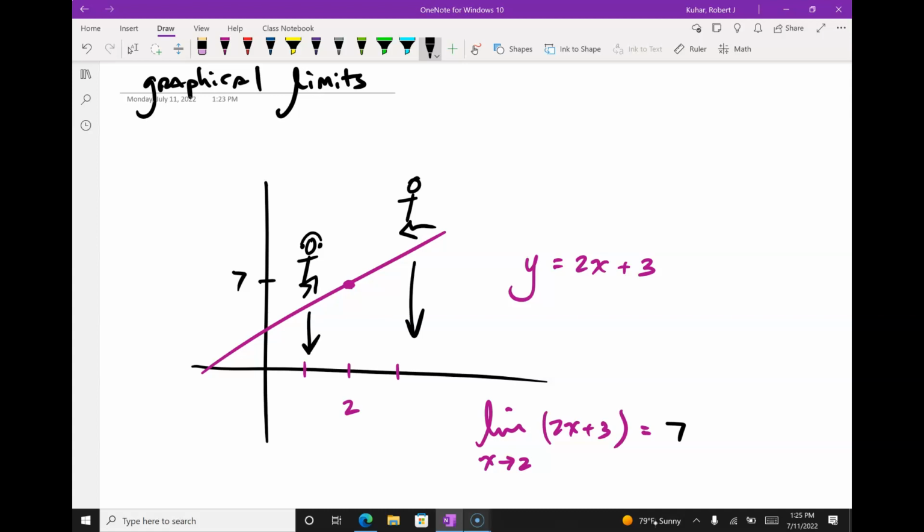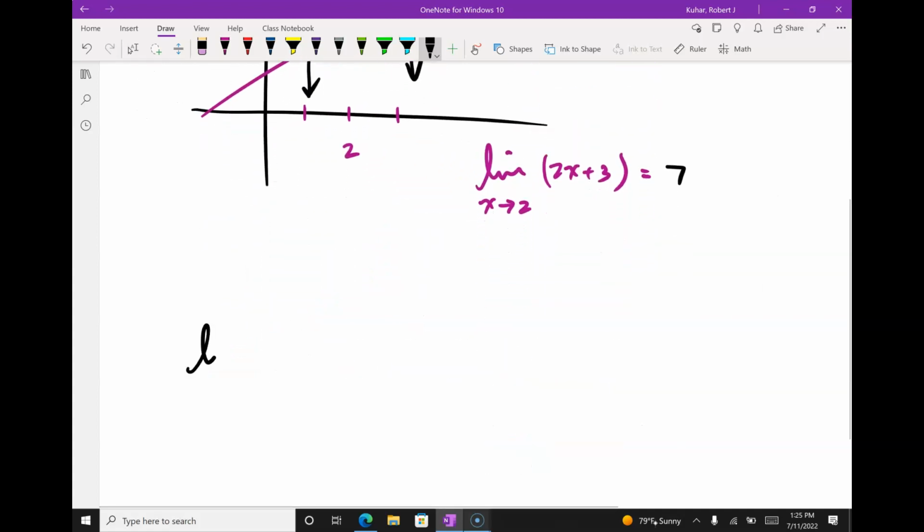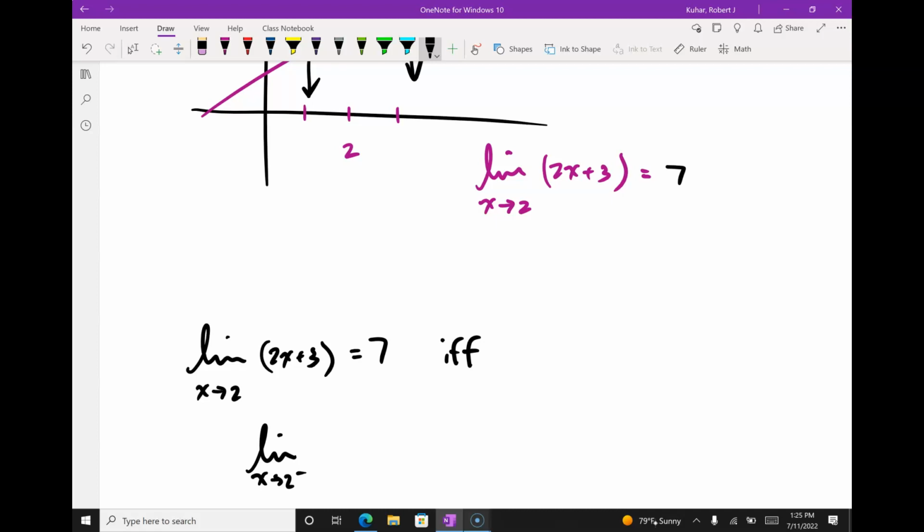So it's kind of telling me that I have to check limits from the left and the right, right? So the limit as x goes to 2 of 2x plus 3 equals 7 if and only if the limit as x goes to 2 from the left, that's a weird notation, of 2x plus 3 equals 7.